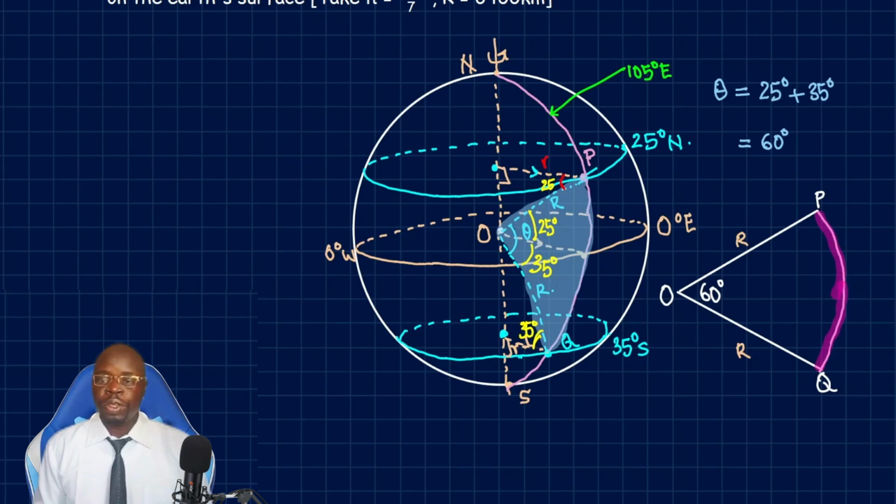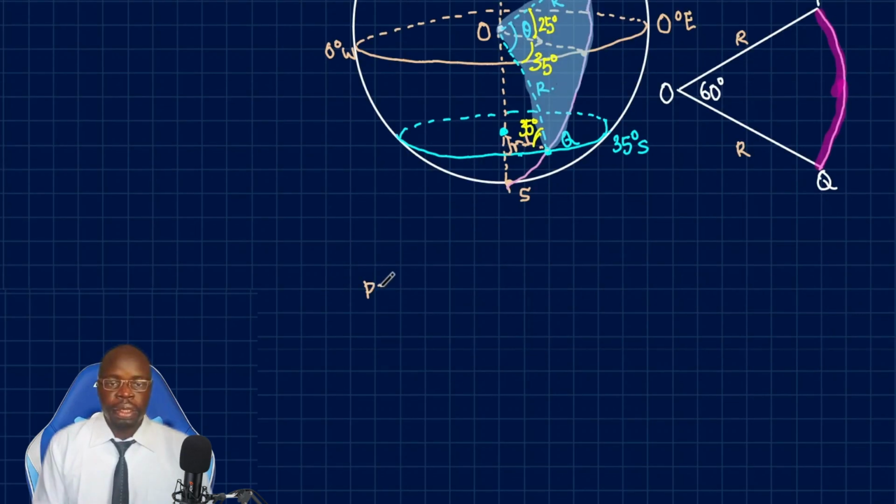What we have to do is to quote the formula we have already learned. PQ is given by this angle. We can call it theta because that is what we indicated here. Otherwise, you can call it anything of your choice. And we have here theta over 360 as the center degrees times 2 pi r, where r is the radius of the Earth.